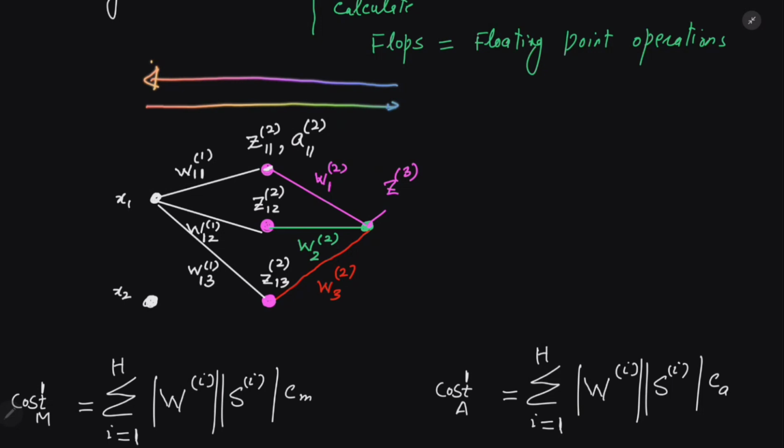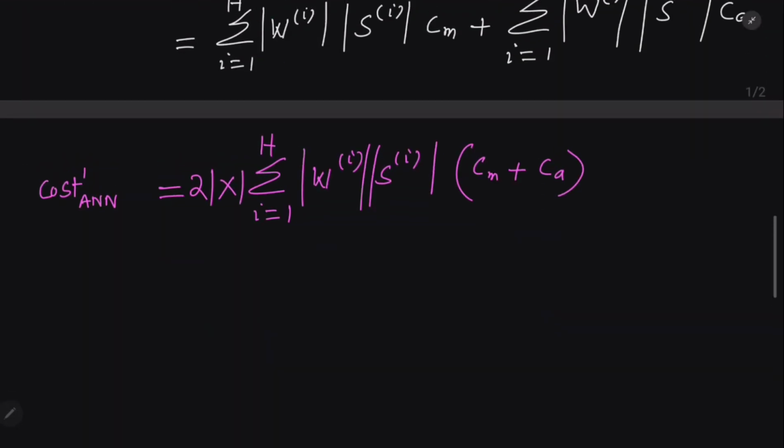But if you want to move forward and backward again and again, maybe n times, then the cost of the artificial neural network, for one pass, is only from left to right and right to left.